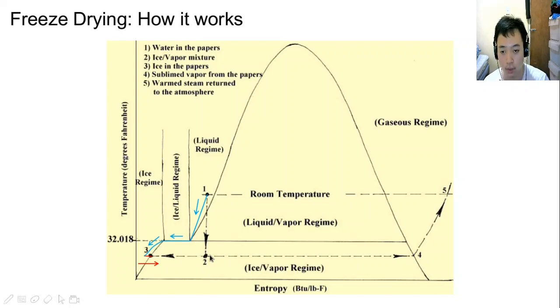So in this part, it's actually already sublimating because it is in the ice vapor part. But as you continue to decrease the pressure, the ice that is sublimating will cool down even further, reduce its heat energy, and it will turn into just solid ice.